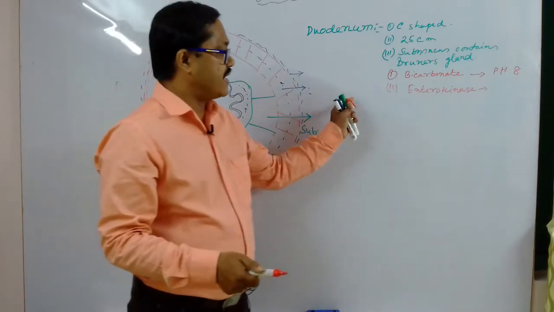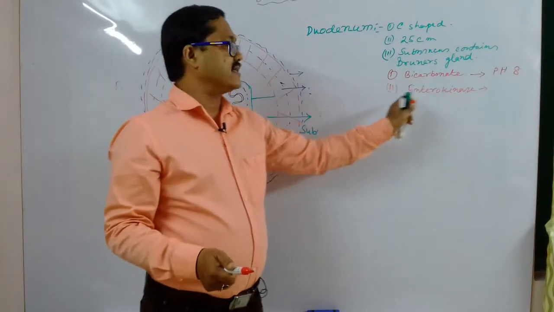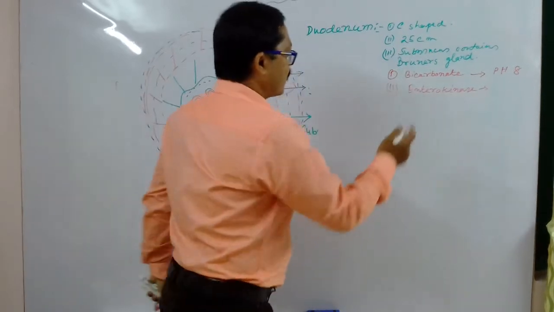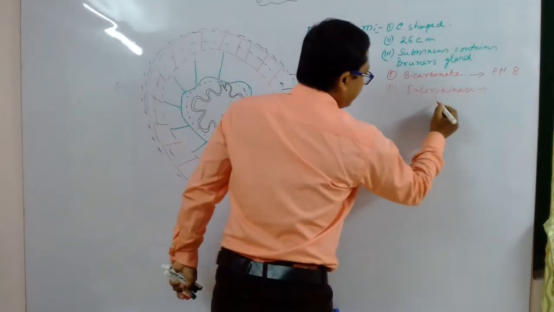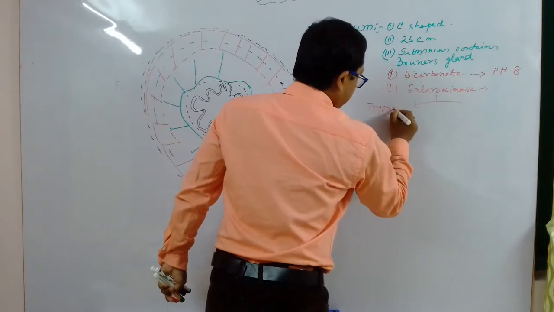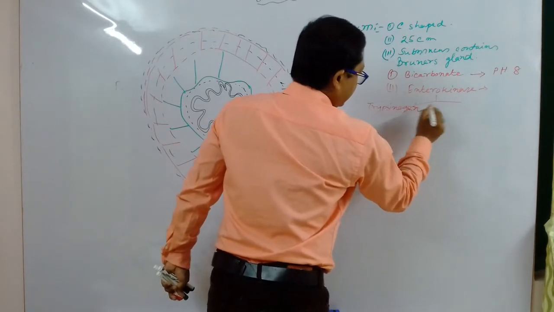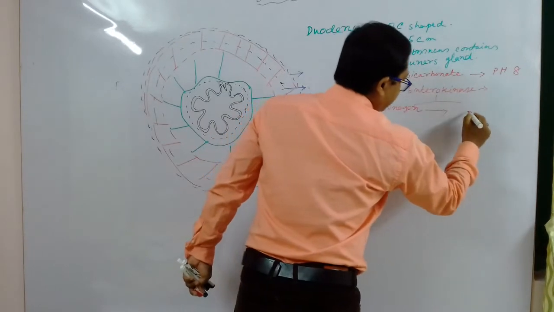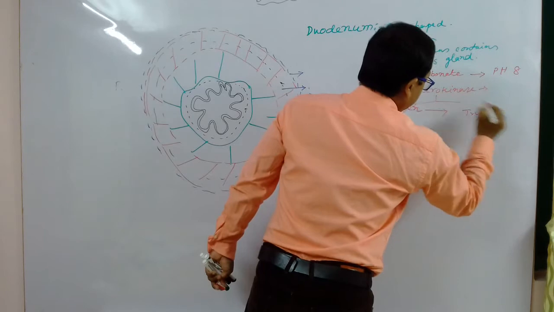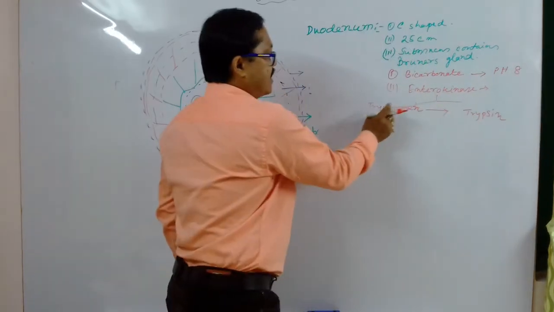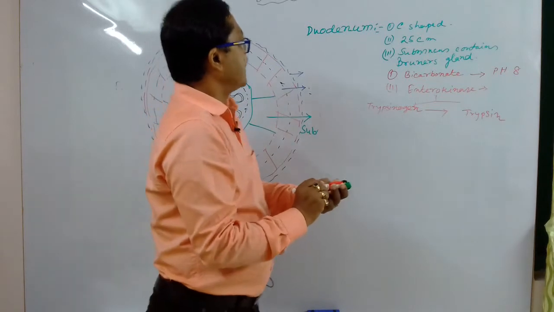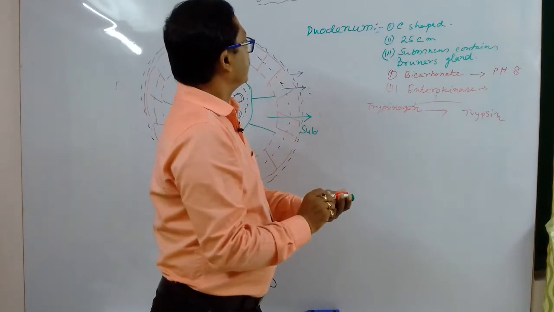This trypsinogen in the presence of enterokinase is transformed into active trypsin. Enterokinase acts on trypsinogen and it is transformed into trypsin. These are the main salient features of the submucosal structures of the duodenum.